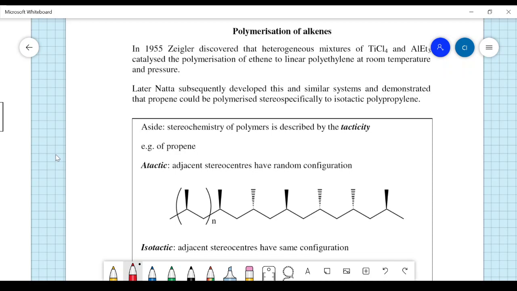And that aside, it was the Ziegler-Natta catalyst that we often see used as a very essential catalyst for the polymerization of ethene to linear polyethylene at room temperature. And here is that nomenclature.